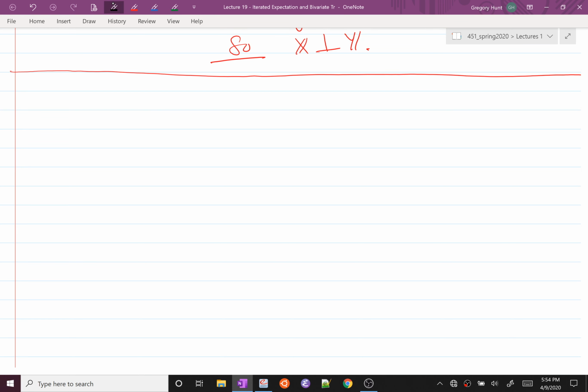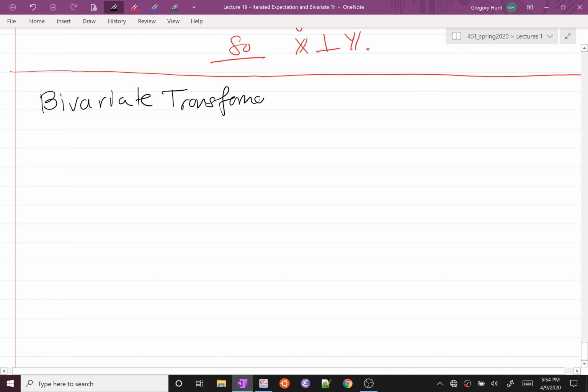So that's a quick review of the bivariate normal. What we're going to do for the rest of today is look at bivariate transformations. So since everyone's favorite topic was univariate transformations, we're going to look at what if I transform a 2-component random variable.